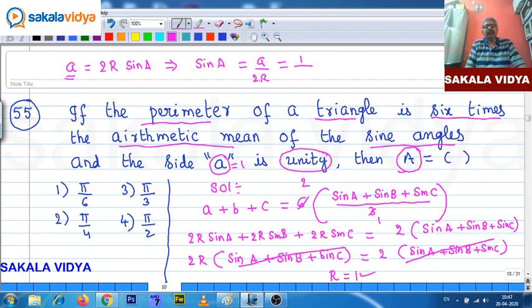So 2 into 1 is 2, so 1 by 2. So sin A is equal to 1 by 2, which means obviously A is 30 degrees. That is pi by 6 is the answer. So first option.